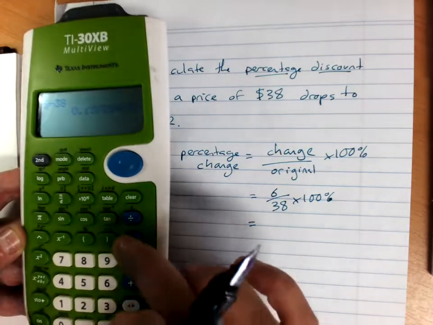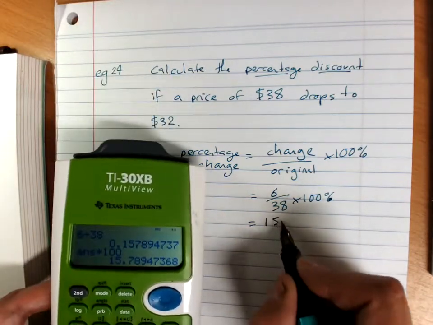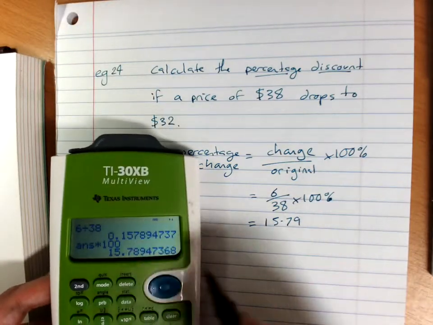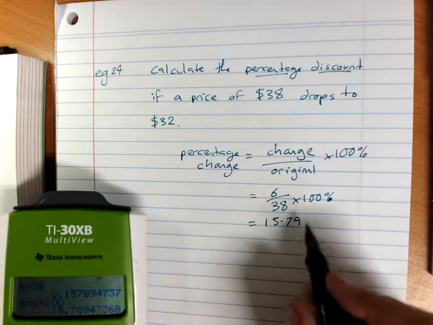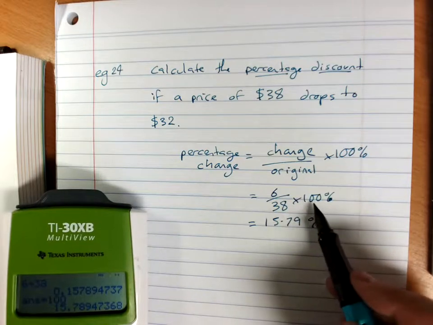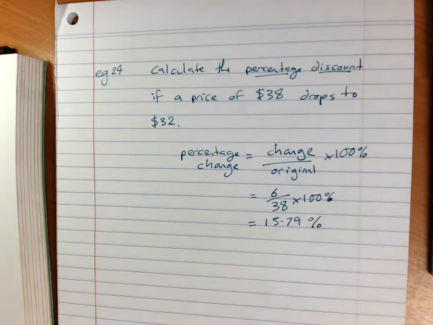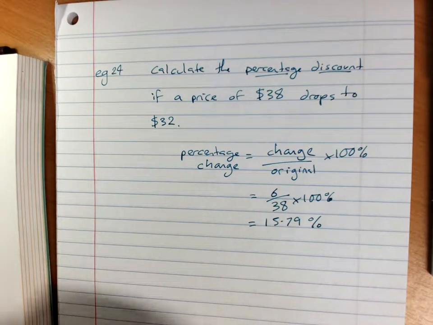Get your answer, multiply by 100. 15.79, rounding to 2 decimal places, and that is a percent. You say times 100% to remind you that you're putting in that percentage sign in the answer. So that was a 15.79% discount.